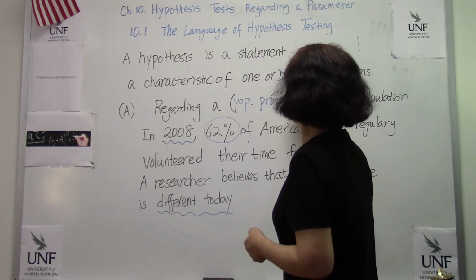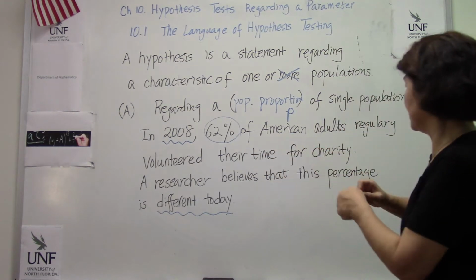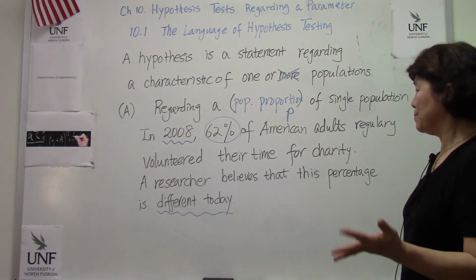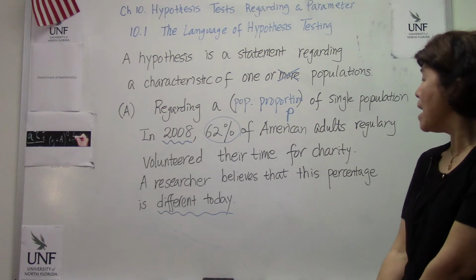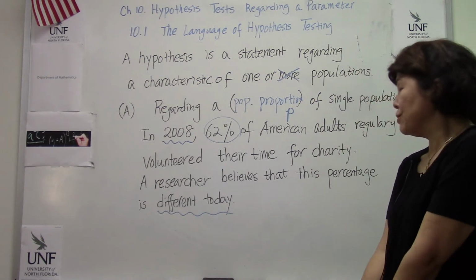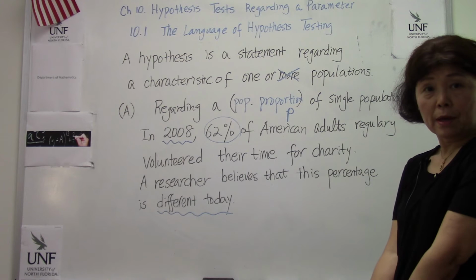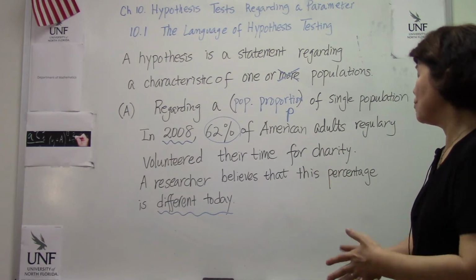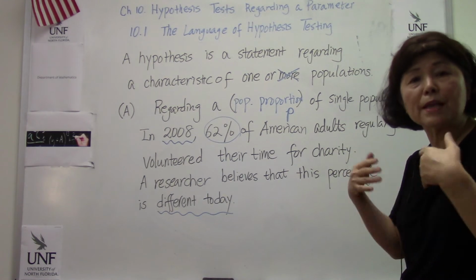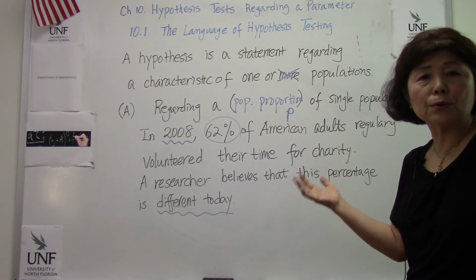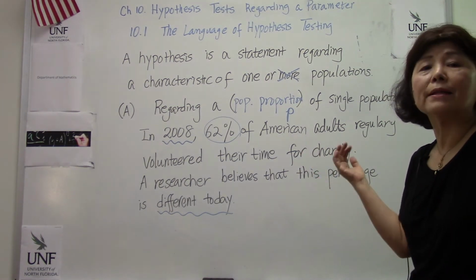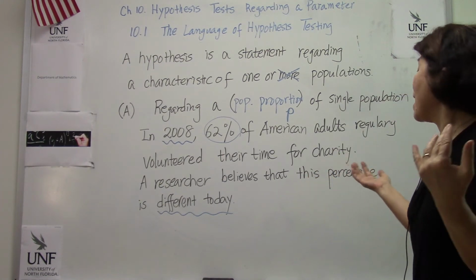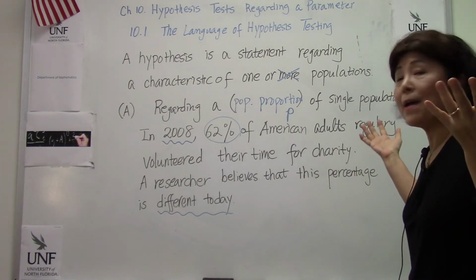Or simply we say little p. So the researcher believes that this percentage is different today. So what is this researcher going to do to prove that what he or she thinks is right? We can imagine that the researcher is going to take a sample, take a survey about these volunteer hours, and then have some evidence.